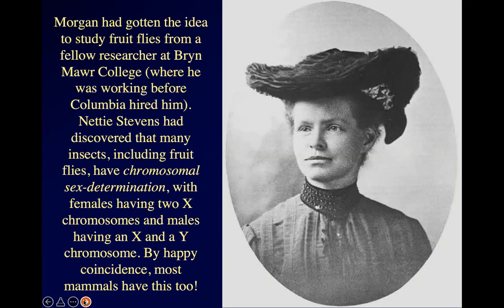She had discovered that many insects, including fruit flies, have this chromosomal sex determination, where the females have two X chromosomes and males have an X and a Y. And she might have gone on to make some of these discoveries before Morgan did, but she actually died tragically young, unfortunately. But she was able to contribute this to the puzzle.